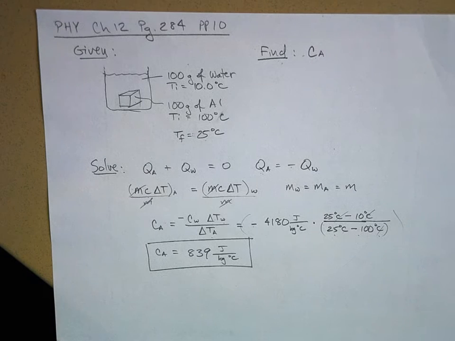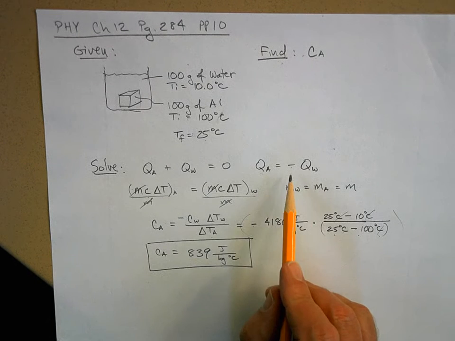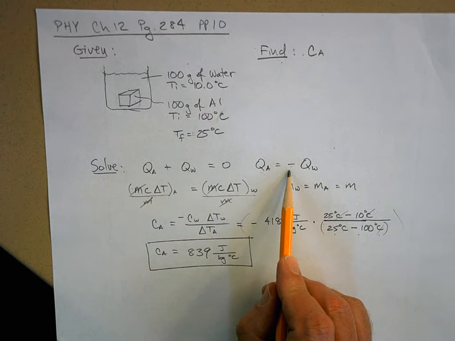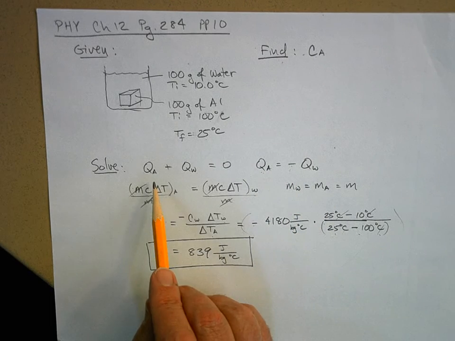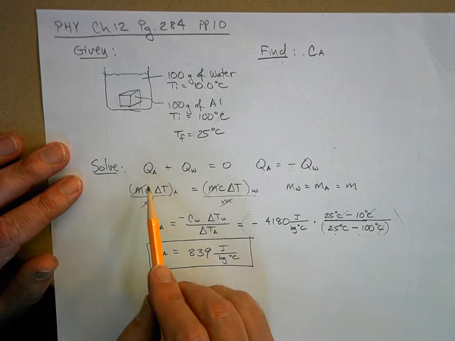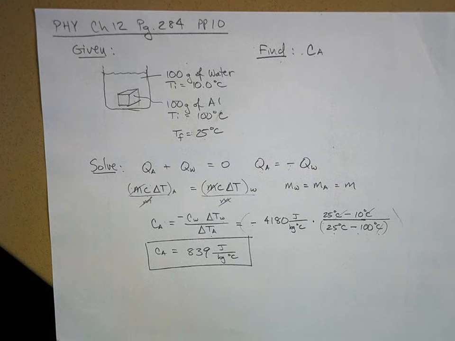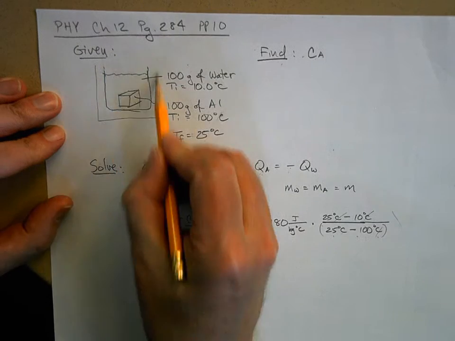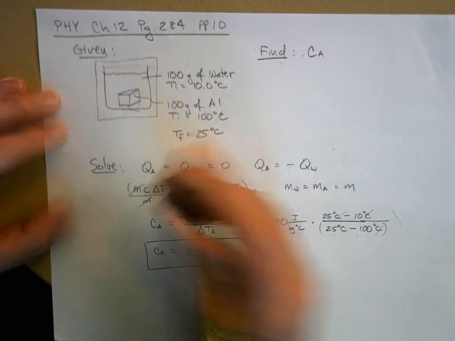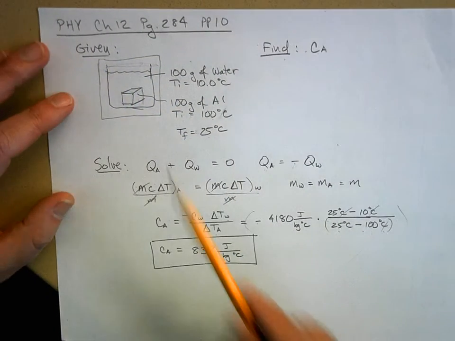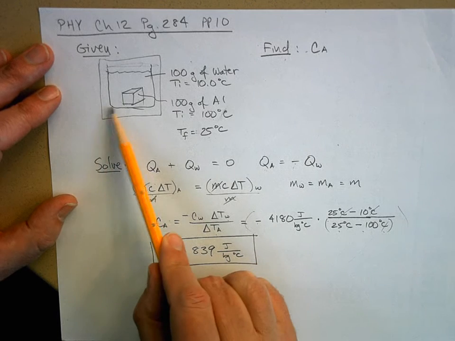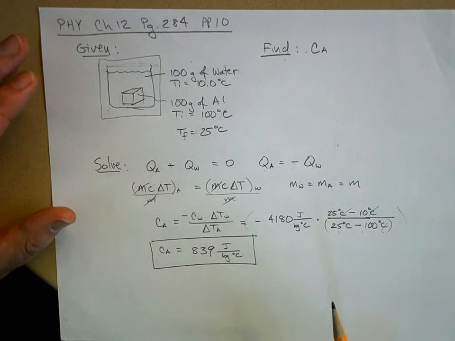Yes? Can you explain why the heat of the water is negative? In other words, why is this negative over here? Well, remember what Q stands for. Q stands for the flow of thermal energy, heat. And since this is basically sealed off from the outside world, we're not going to have any heat flowing out or into this system from the outside world.